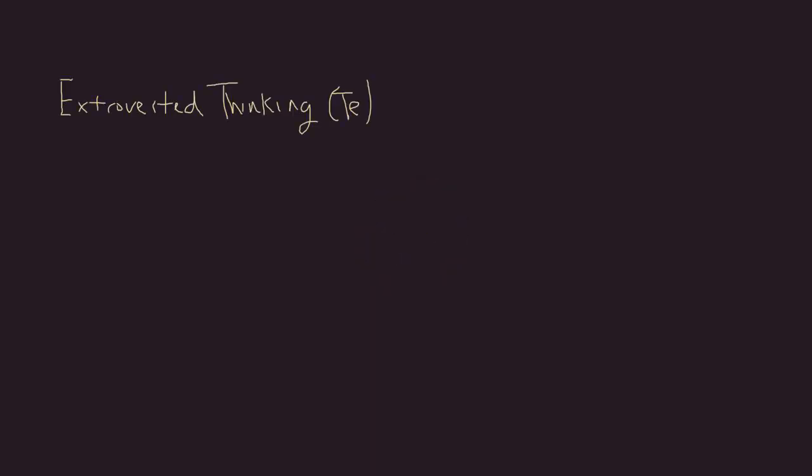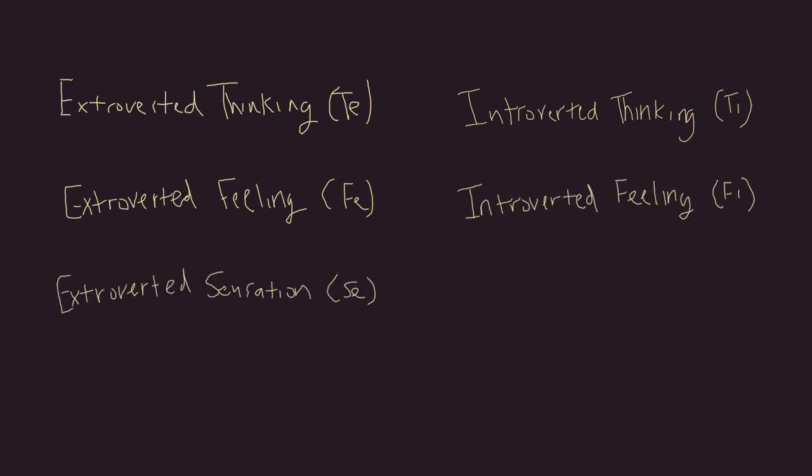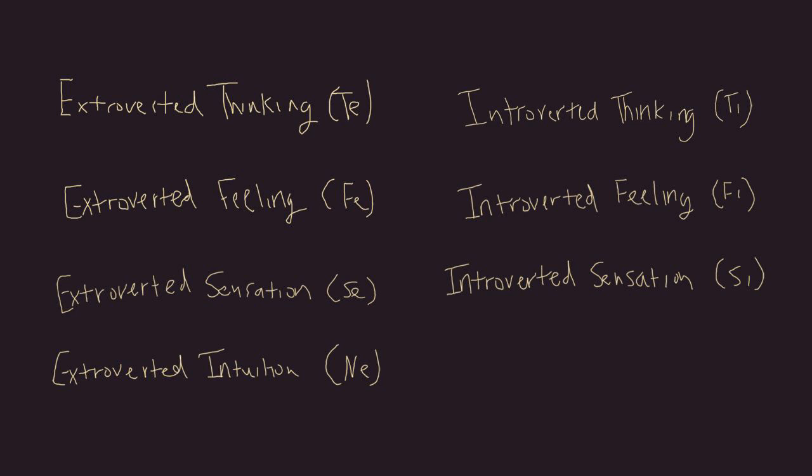These cognitive functions are as follows: extroverted thinking, or Te, introverted thinking, or Ti, extroverted feeling, or Fe, introverted feeling, or Fi, extroverted sensation, or Se, introverted sensation, or Si, extroverted intuition, or Ne, and introverted intuition, or Ni.